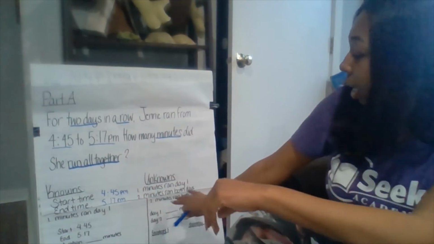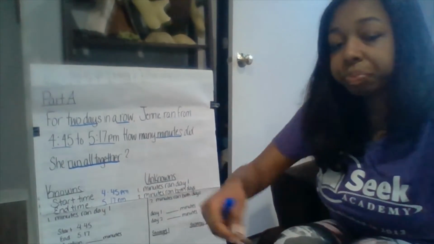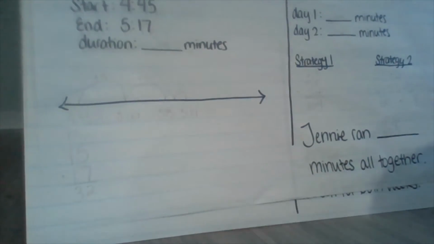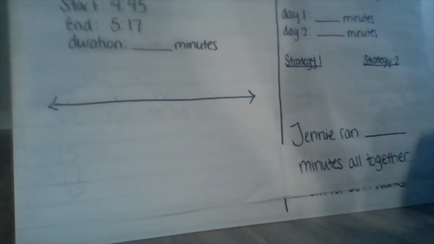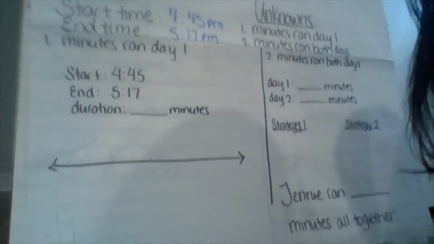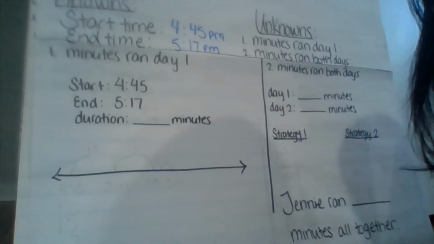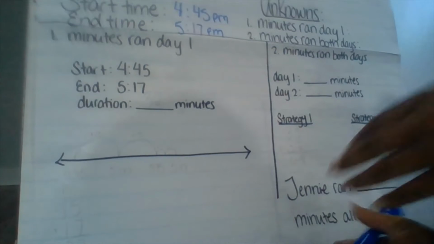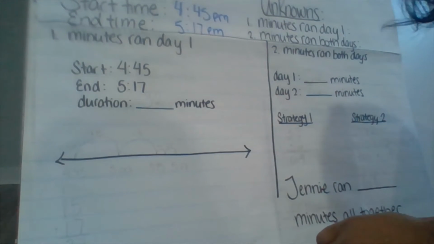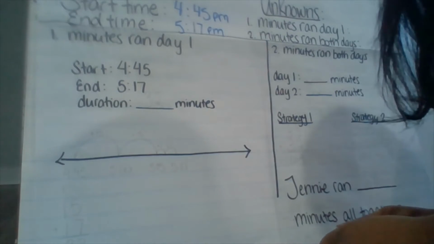So let's take a look down here at my unknowns. I noticed that the first thing I need to solve for is how many minutes she ran for day 1, because this is one of my unknowns. So the first thing I need to do is mark up my information that I do know to solve information that I don't.